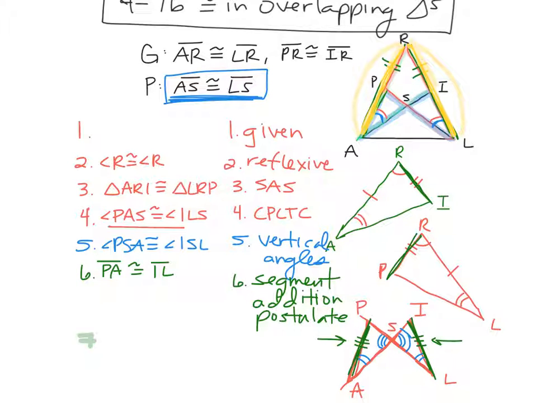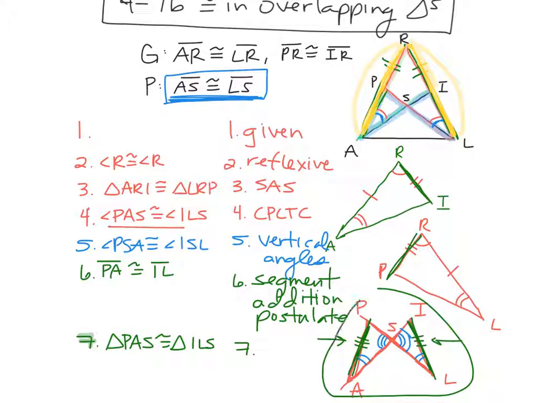So if that's the case, then for step 7, I can now say from this picture that triangle PAS is congruent to triangle ILS. How do I know these two triangles are congruent?